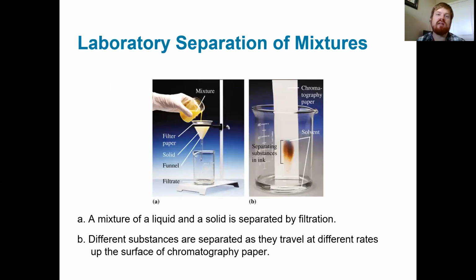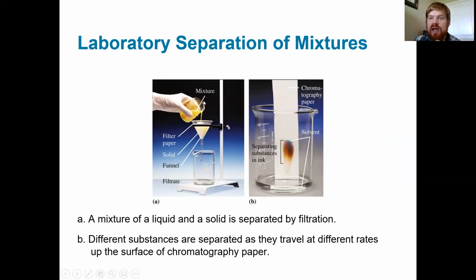Now, what we're going to talk about in the lab is we're going to be able to show you how you can separate mixtures. So we have, for example, filtration. This is something that we're going to do a few times this semester. The very basic idea here is that if you take a piece of filter paper and you have a mixture of a solid and a liquid, if you pour the solid liquid mixture into the filter paper, the solid will be captured by the filter, and then the liquid will pass through into the container here.